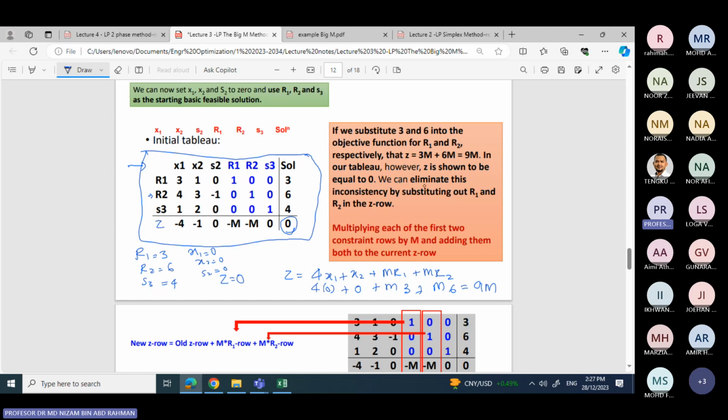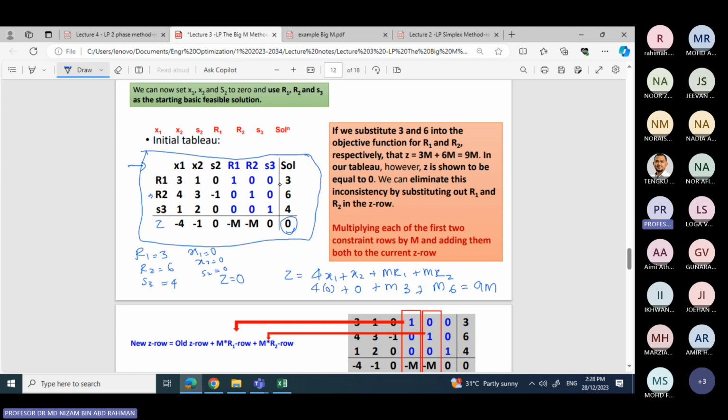So we can eliminate this inconsistency by substituting out R1 and R2 in the Z row. First you need to multiply each of the first two constraint rows by M and add them both to the current Z row. Okay, so because of this, there's an inconsistency in this tableau, so we need to fix it.